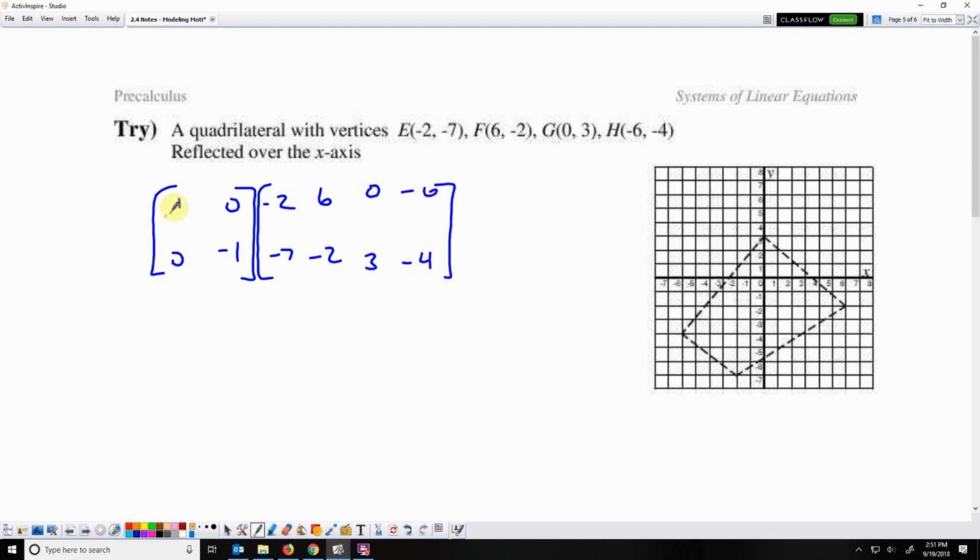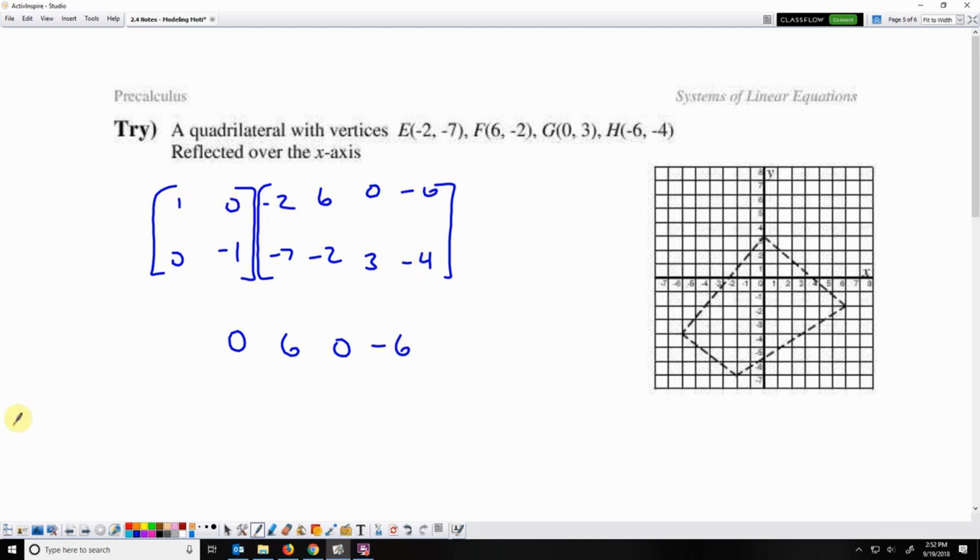Okay, first row by the first column. I get negative 2 plus 0. 6 plus 0. 0 plus 0. And negative 6 plus 0.